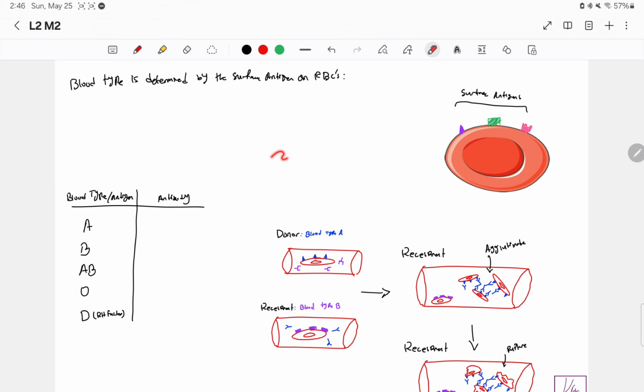Evolutionarily, our immune system didn't develop knowing that we would have to give blood transfusions. It just developed to protect us from any foreign substance. To our immune system, a blood transfusion, taking somebody else's blood and introducing it into your own blood vessels, is a foreign entity.